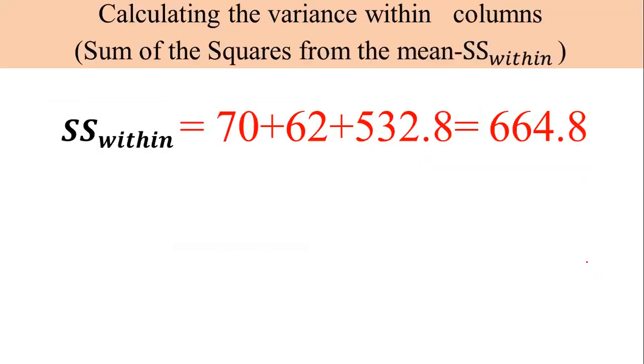But before you do that, just add the mean you got in the first, the mean you got in the second, the mean you got in the third, and that one is being called the sum of the squares from the mean, which is also called the sum of the squares within, SS within.